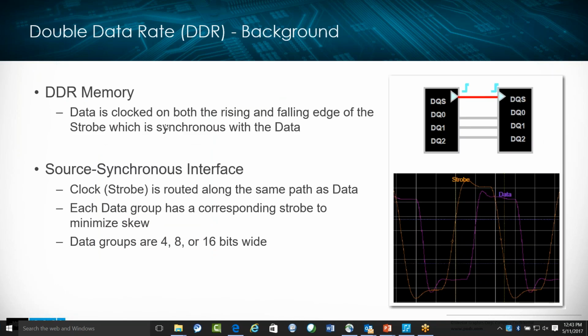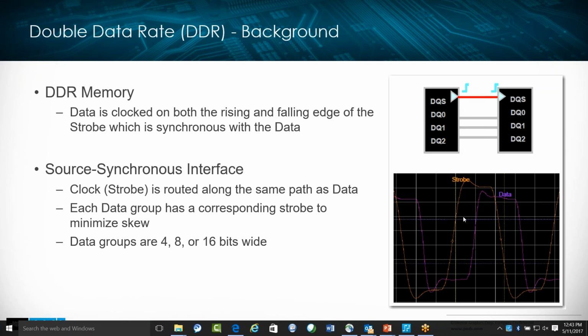Now, a couple of things that are important to note about the double data rate memory interface. First of all, the data, let's look at the top right here. The data that runs from the controller to the memories has a strobe that follows along the same path. And data is clocked in both on the rising edge of that strobe and the falling edge of that strobe. That's why they call it double data rate.